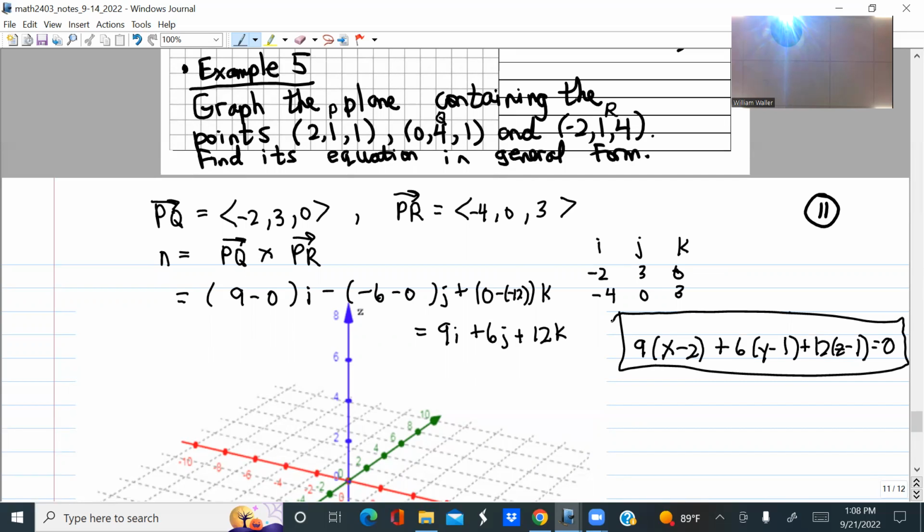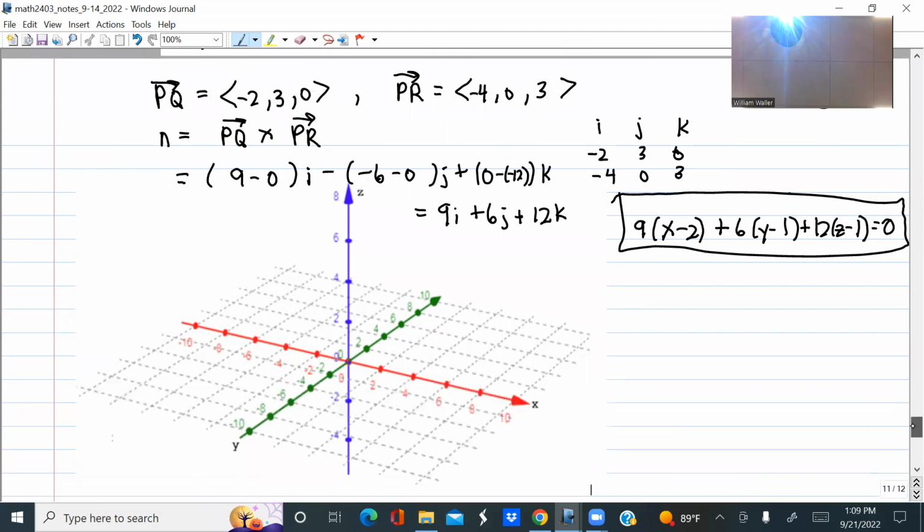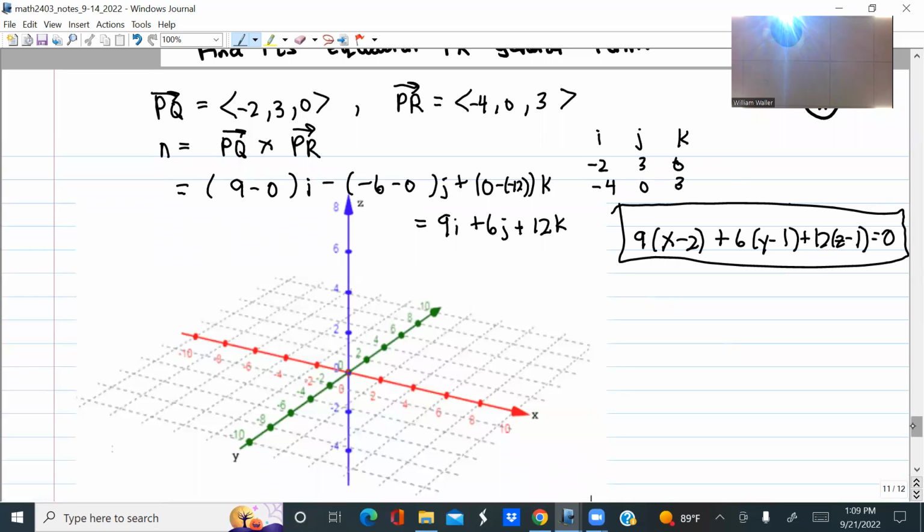Now, if you want to plot it, the reason I said find the equation first is that, let's see what's going to happen here. This may not work well in this case. I think it's easier to find the intercepts to make the plot of a plane.